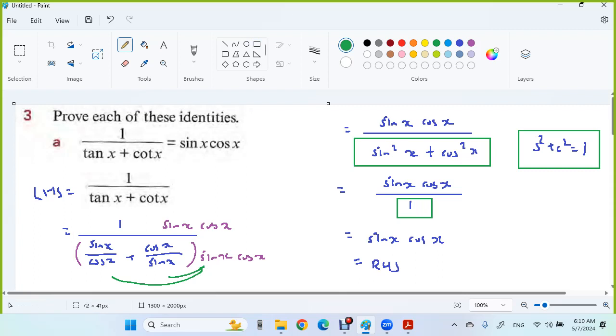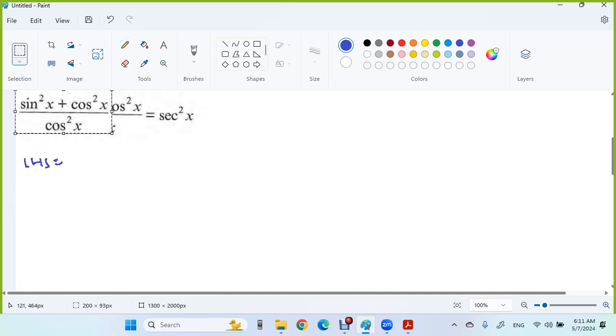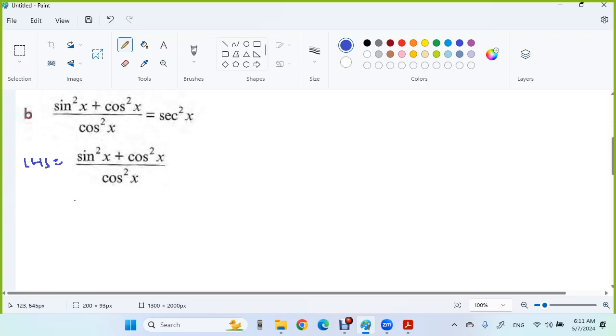Okay, then B, we have sine square plus cos square over cos square equal to secant square. We need to prove this. So the left hand side is this. Then this will be 1 over cos square. 1 over cos is secant square x.